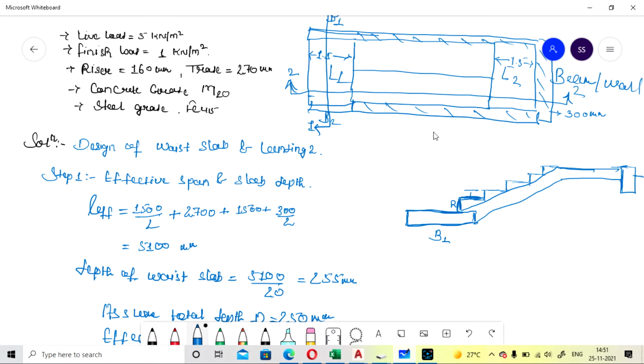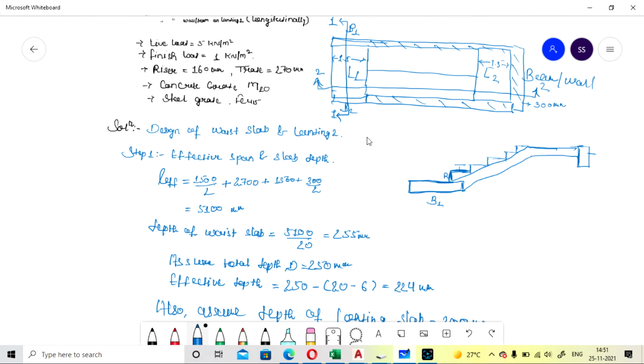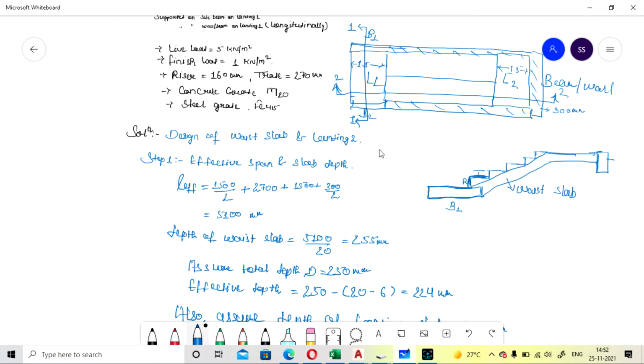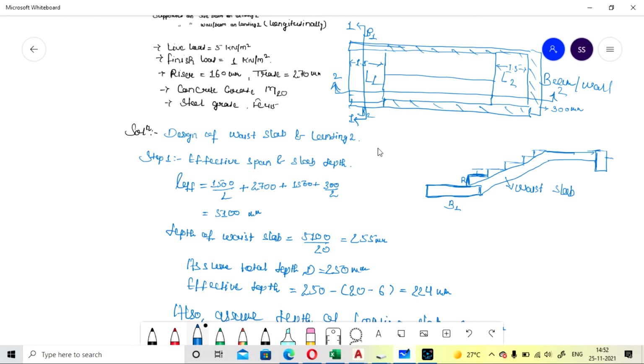Okay, so we have to calculate the effective span for the waist slab and landing. And what is the waist slab? This is the waist slab, the slab that is supporting the steps. Now we have to find the effective span.